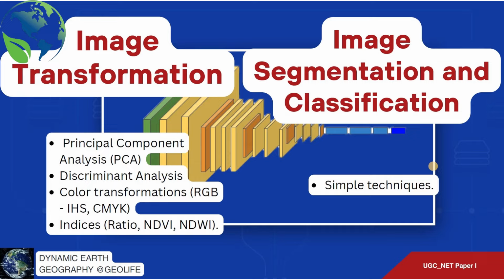We have principal component analysis, that is PCA, discriminant analysis, color transformation, that is RGB, IHS, and CMYK, then indices like ratio, NDVI, NDWI, etc. And in image segmentation and classification, we have simple techniques like random forest and K means.